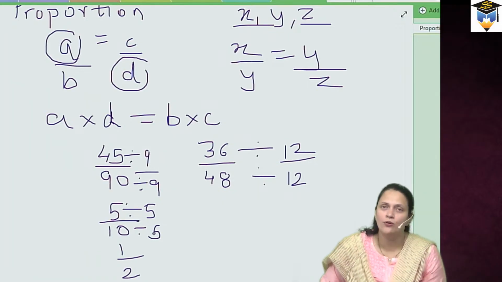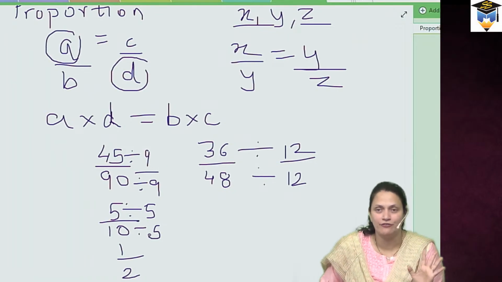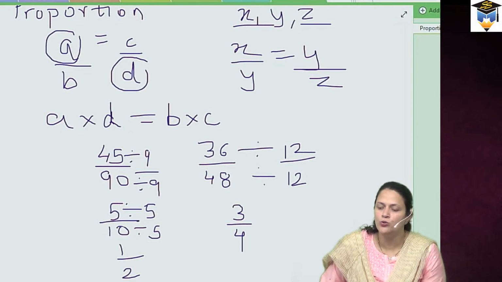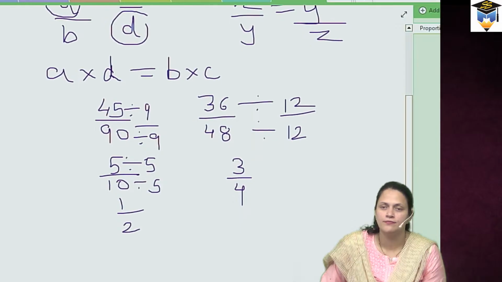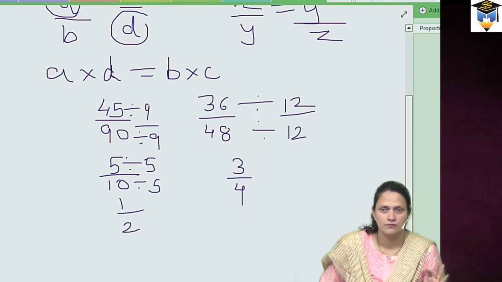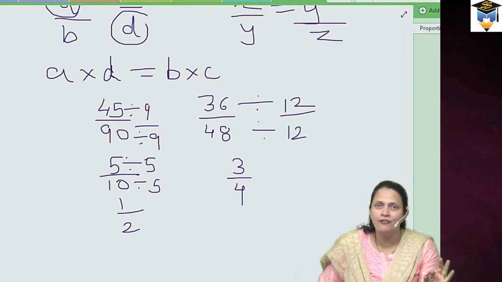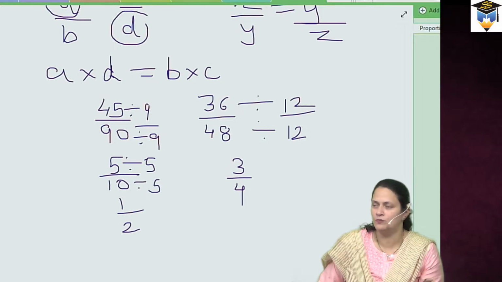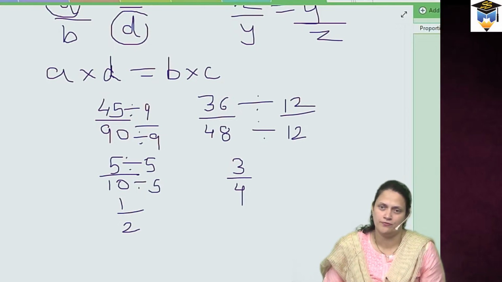Now, if I am going to divide 36 by 12, what is the answer? So is 1 upon 2 equal to 3 by 4? So we say that these two ratios are not in proportion. So first you have to identify whether they are equal. If they are equal to each other, only then they are in proportion.